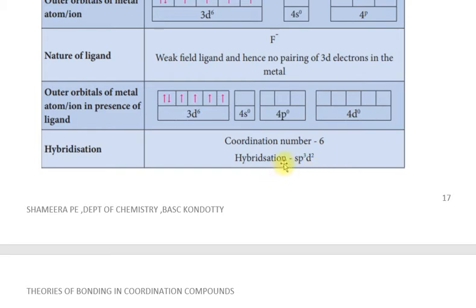Therefore the hybridization is sp3d2, one 4s, three 4p and two 4d orbitals from the outer orbitals. That is why it is called the outer complex. So the hybridization is sp3d2 and the coordination number is 6.